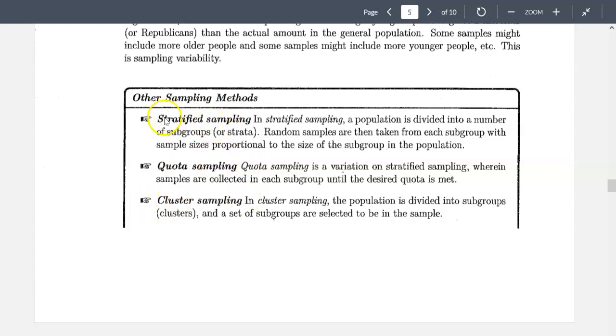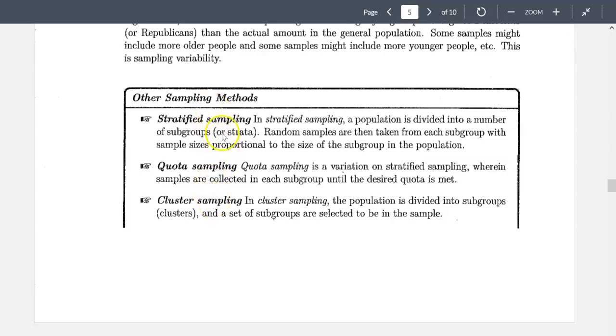What's the difference? Both of these require you to take the population and divide it into subgroups. For example, for stratified sampling, like the previous example, we take the entire United States, divide it into 50 states, and then ask 100 people randomly from each state. That's stratified. Cluster would be to divide the entire country into 50 states, but we only ask all the people in California.